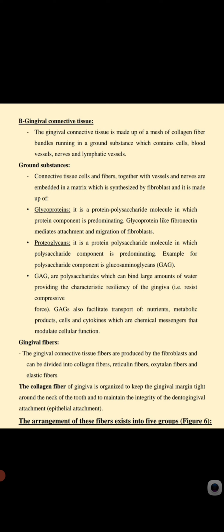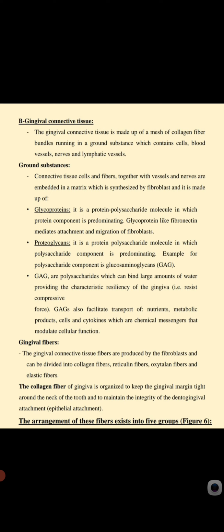Now, first the ground substance. Connective tissue cells and fibers, together with vessels and nerves, are embedded in a matrix which is synthesized by fibroblasts. The ground substance matrix is made up of glycoproteins and proteoglycans. First, glycoprotein. It is a protein polysaccharide, meaning a combination of carbohydrate and protein molecule in which the protein component is predominant, meaning protein is more.